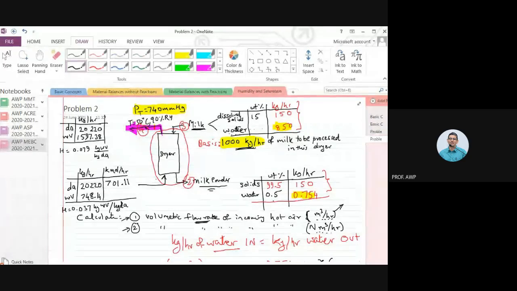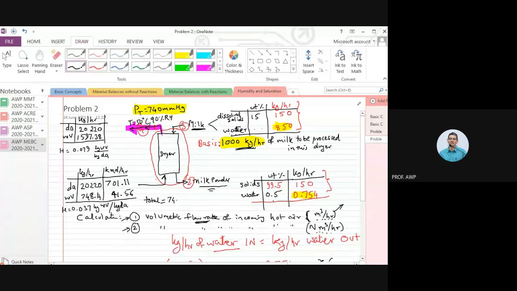And 748.14 kg per hour of water in the vapor form divided by molecular weight, that is 18. So kilomoles per hour of water coming in would be 748.14 divided by 18. This would be 41.56. So total kilomoles per hour coming in would be 701.11 plus 41.56.